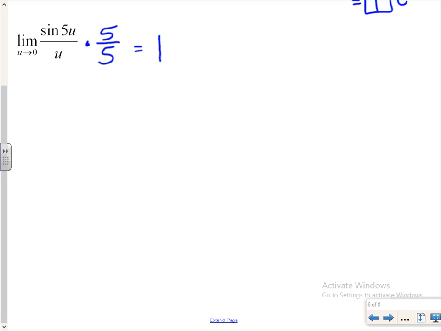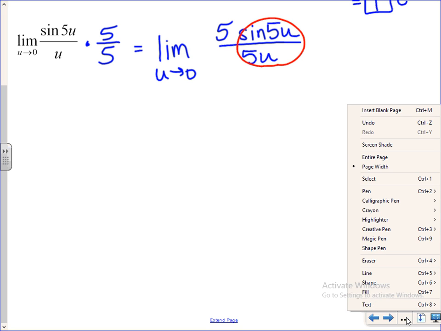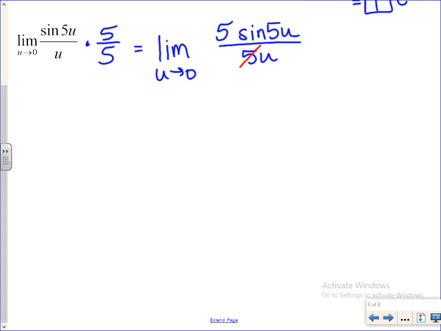So we have the limit as u approaches 0 of 5 times the sine of 5u over 5u. Now these group together, and as that goes towards 0, that limit will be 1. That's our special rule. So what we have is 5 times 1.